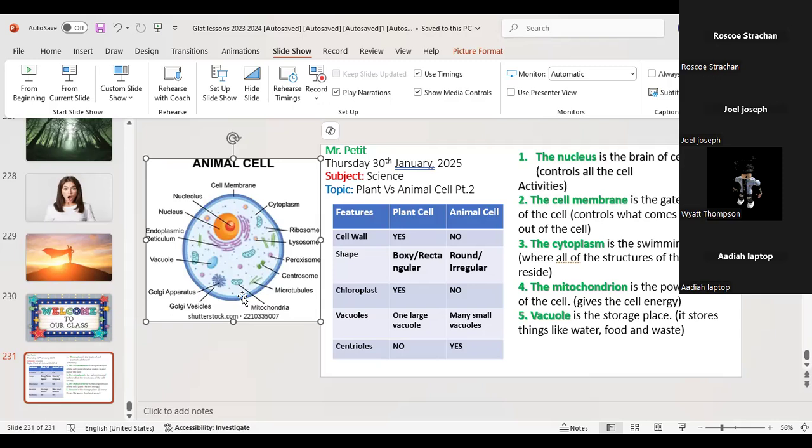Say that word for me, the last word. Reside. Reside, very good. So that's where all of the structures of the cell are. They are in the cytoplasm, right? So cytoplasm is this jelly-like material where all of the structures of the cell reside right here in the cytoplasm.